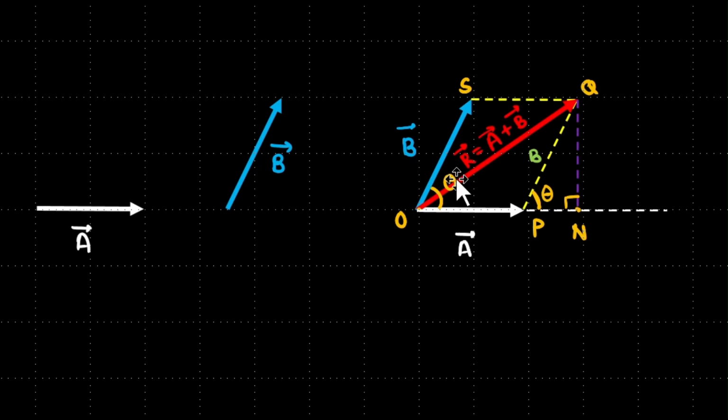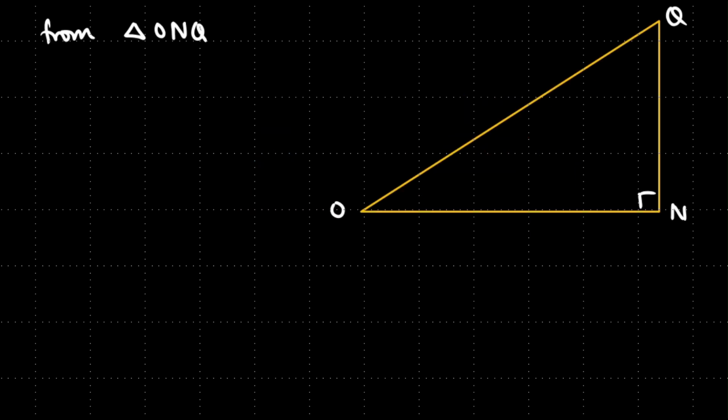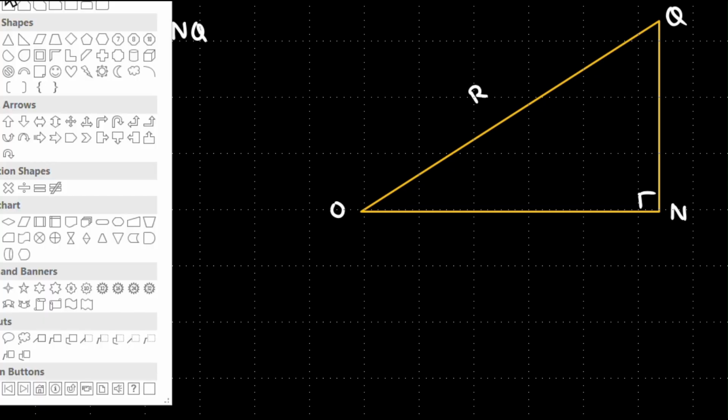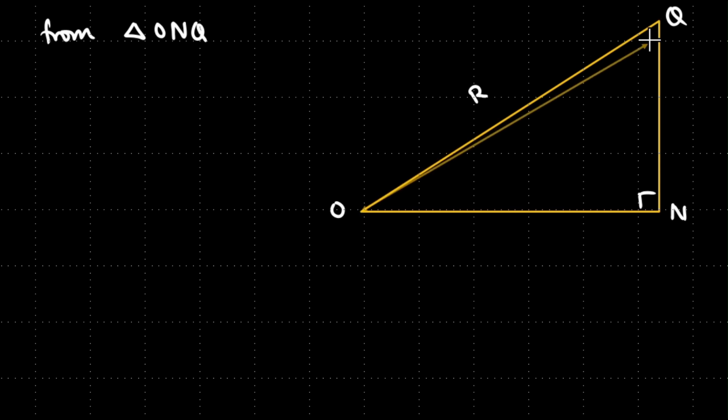OQ length is R. We are doing this one at a time to make it much easier. So OQ is R in length, not in terms of a vector, but just taking the magnitude. Also let's make sure that this is a length by doing this.